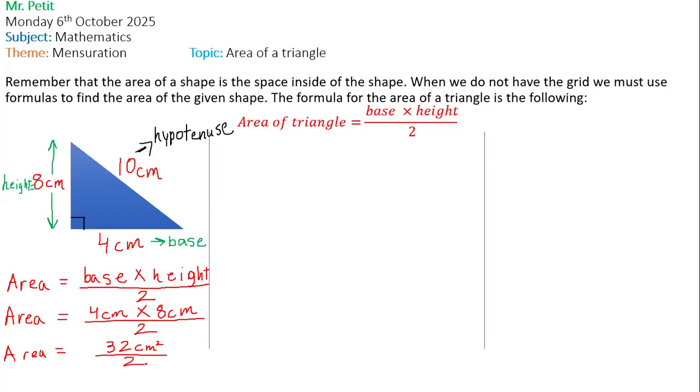When we divide 32 by 2, what do you get? 16. Anyone else got 16? Yes, sir. Cool, very good. So 32 divided by 2 is equal to 16 centimeters squared.